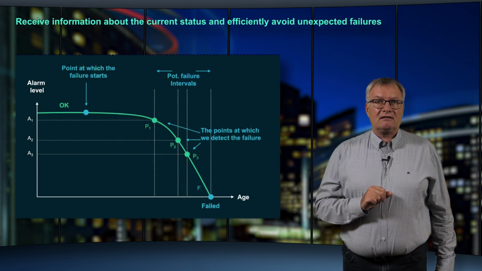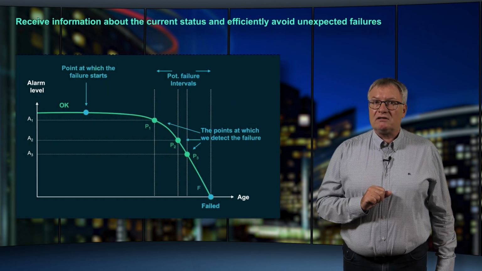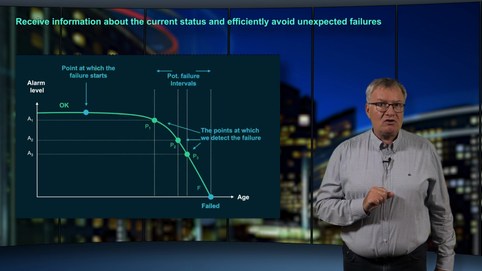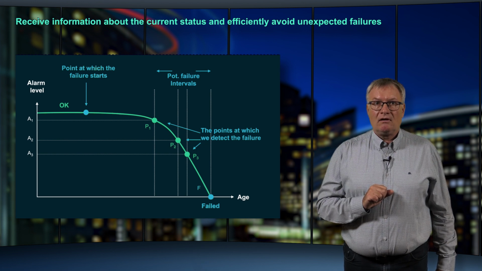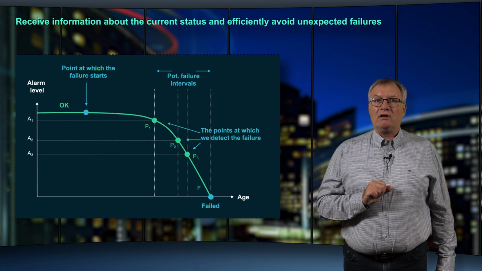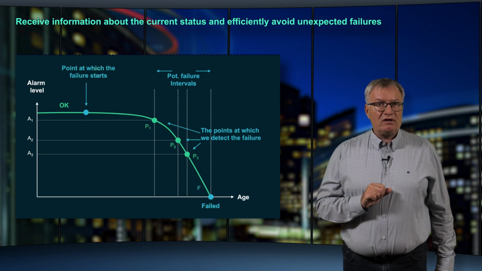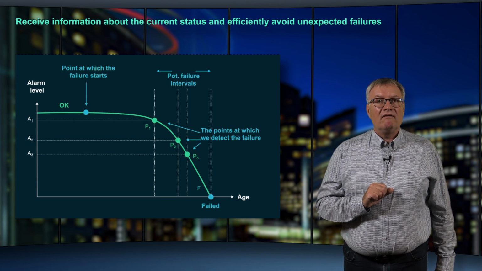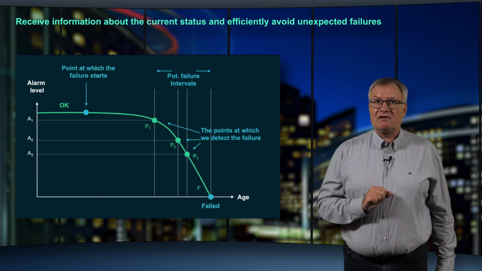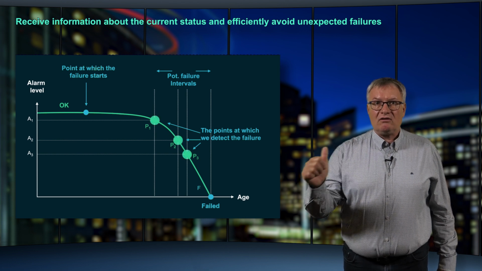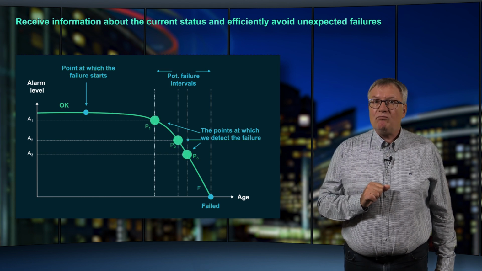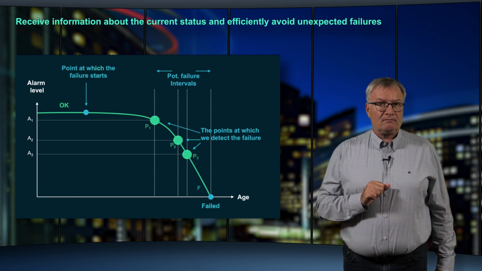Unexpected failures can be efficiently avoided in modern power distribution systems by means of condition monitoring. The protection components permanently record specific characteristic values over the entire service life. Limit values, such as the green dots of the graphic, can be defined for a reaction.